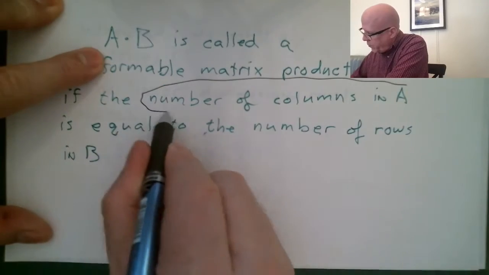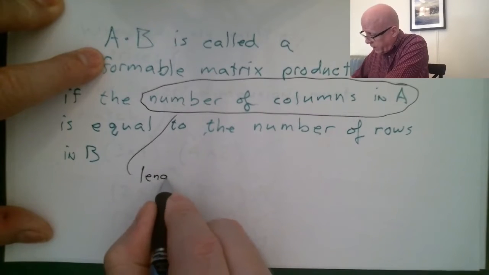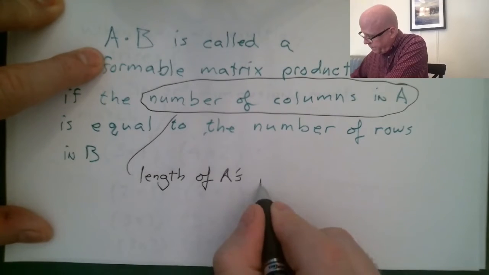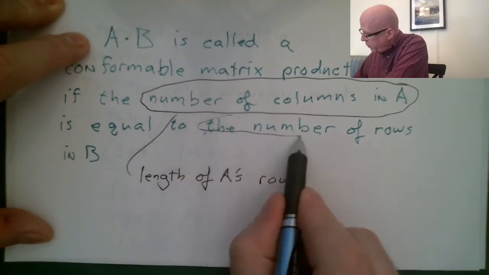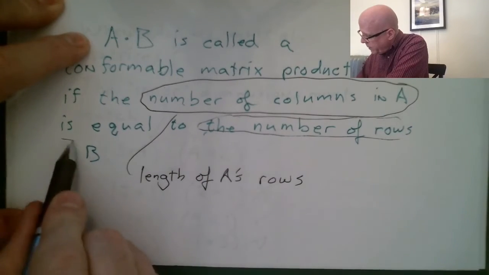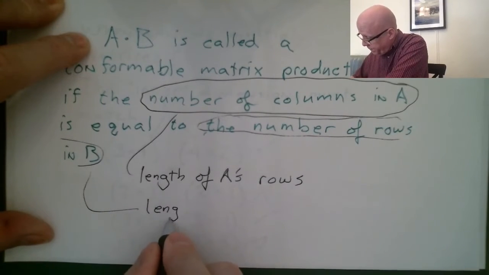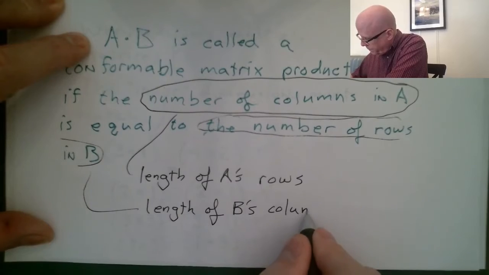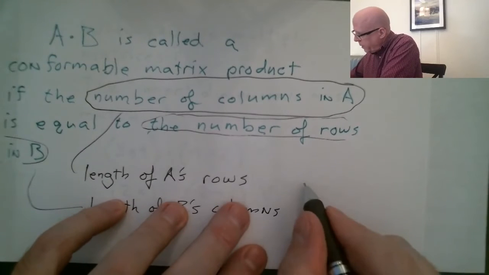When you have the number of columns in A, that's the length of the rows in A. And when I say the number of rows in B, that part is the length of B's columns. Just maybe real quickly, let's look at a matrix here.